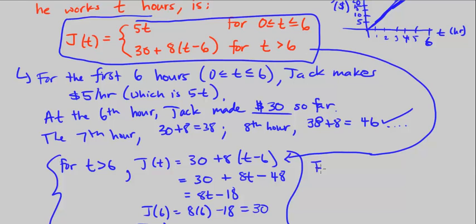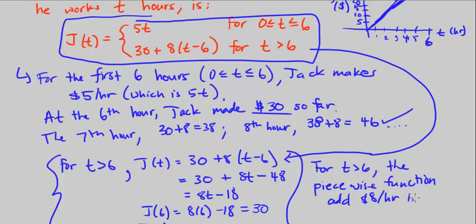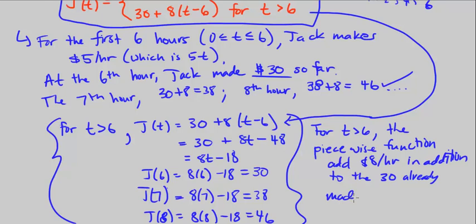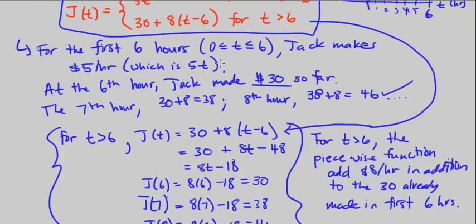So for t greater than or equal to 6, the piecewise function adds $8 per hour in addition to the 30 already made in the first 6 hours.